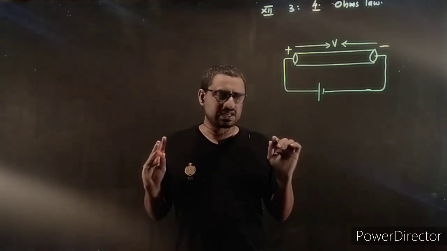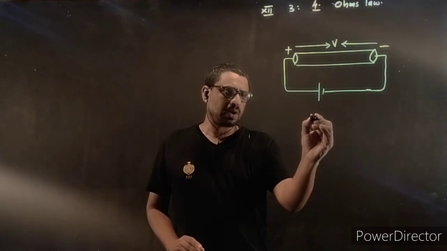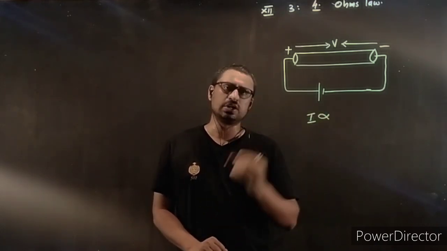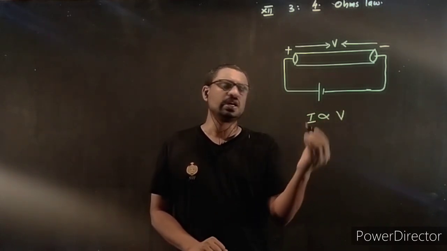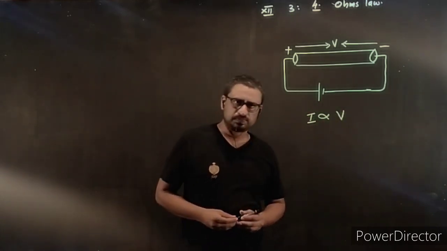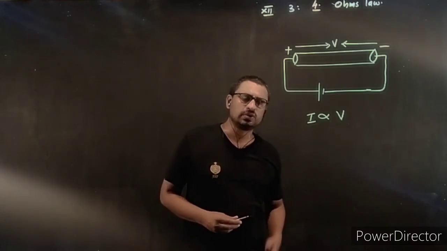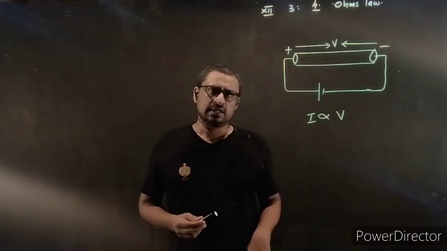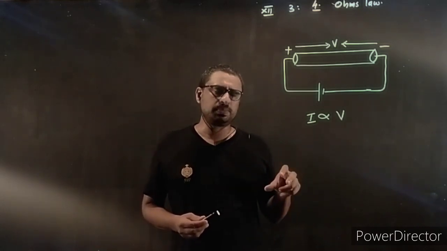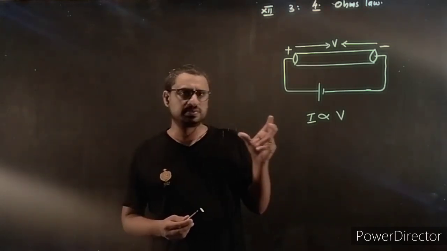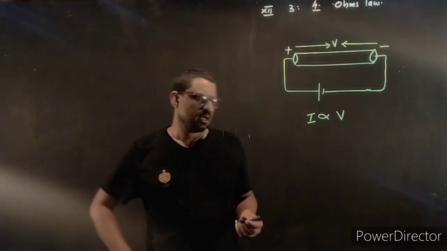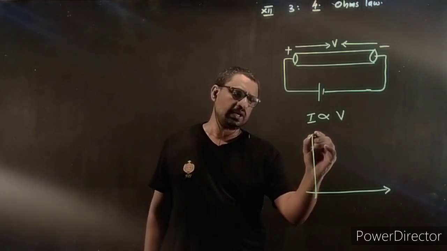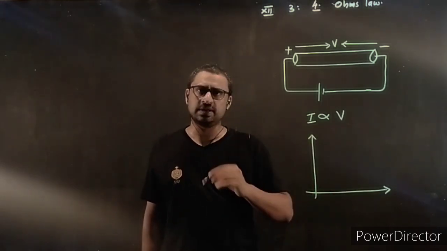So Ohm's law states that the current flowing through a conductor is directly proportional to the potential difference you applied between the ends of the conductor. If you draw a graph, the potential difference we are changing and the current we are measuring.